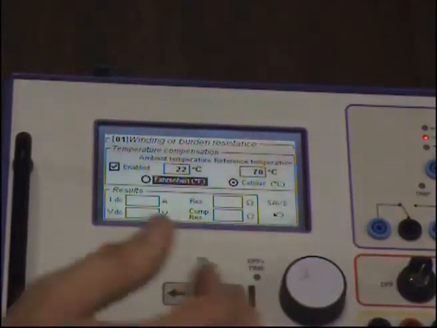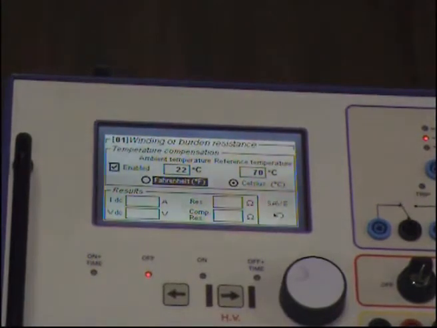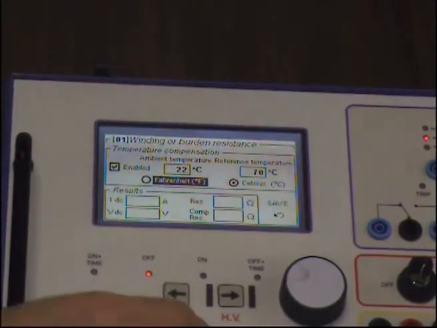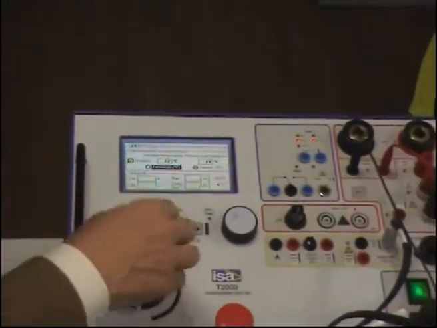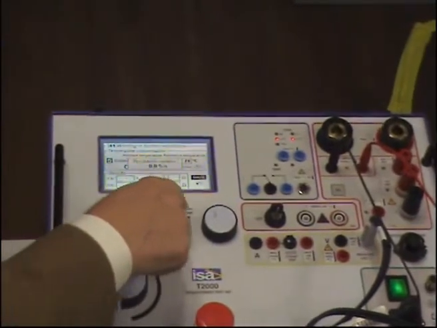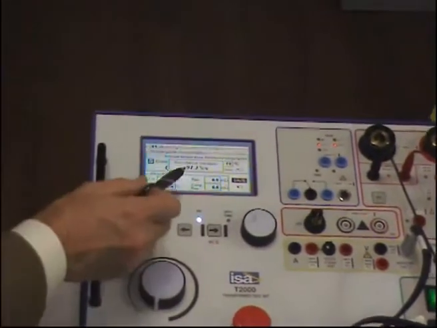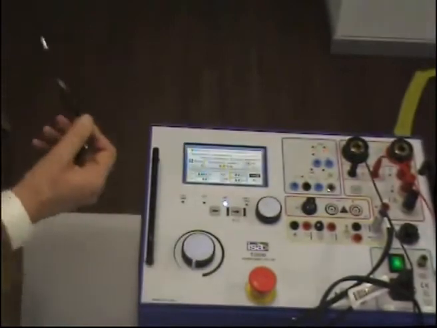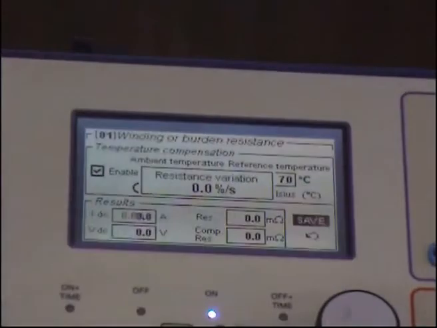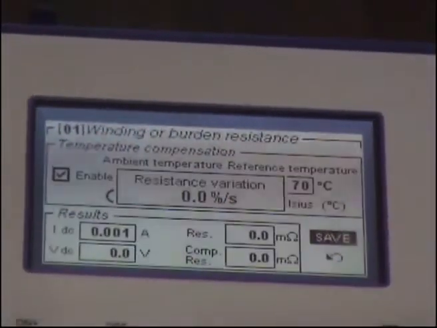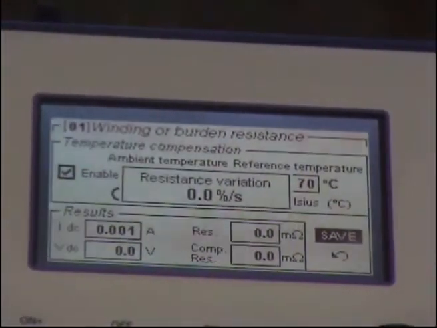Now, it's done. All I have to do is here. I repeat, now what we do is to apply DC current into the secondary of the current transformer. You see, resistance variation, what is it for? It is because the current transformer, and all transformers, will have an inductance.